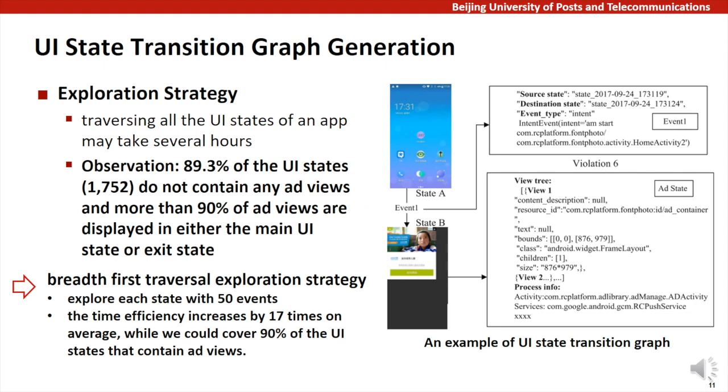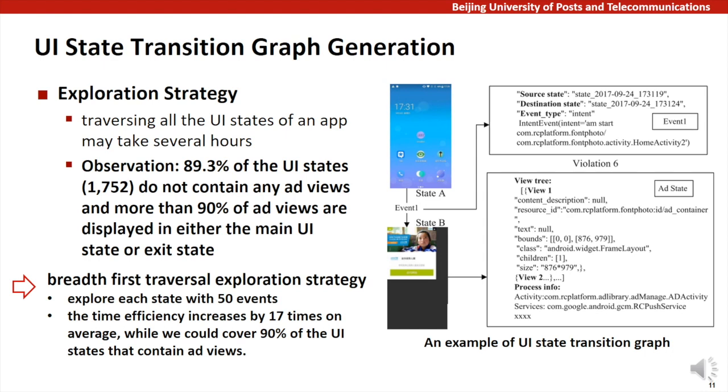Previous work suggested that traversing all the UI states of an app takes several hours. So by manually labeling roughly 2,000 UI states generated from 180 apps, we found that roughly 90% of the UI states do not contain any ad view, and more than 90% of the ad views are displayed in either the main UI state or the exit state.